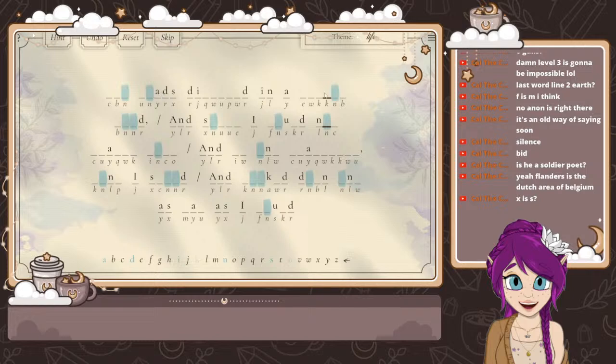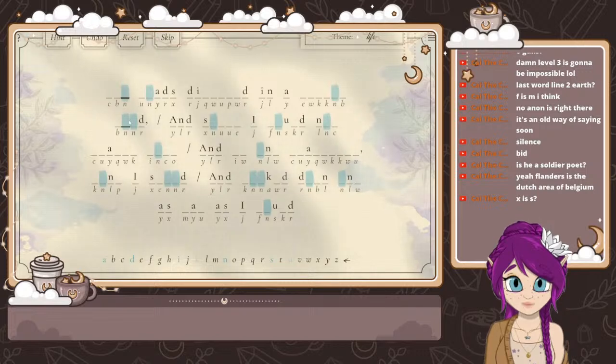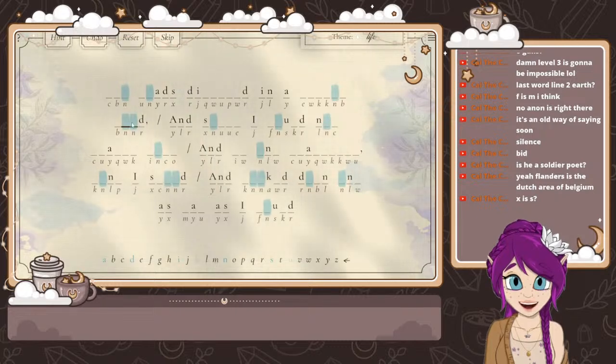Something loads? Oh no, words can't really end with O. I mean, they can. There's just not many of them. O-O-O-D? Food? It would be nice if the poem was about food.